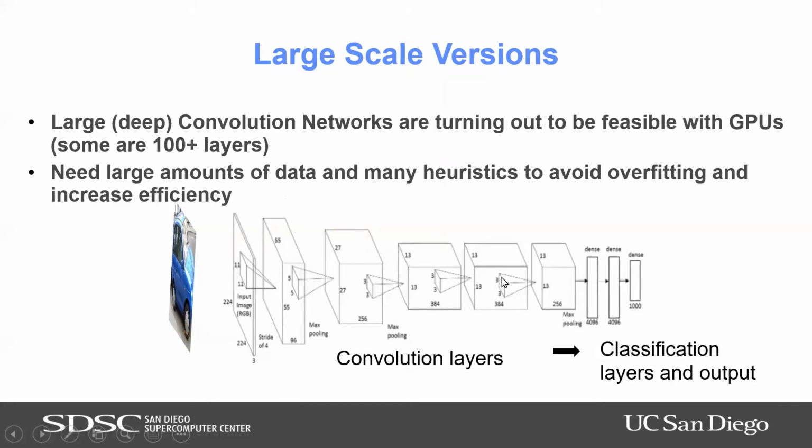For something like this, it became feasible when you had GPUs, and people now collect a lot of data. So these kinds of large networks are becoming more commonplace for sure. In this example, it started out with something like 96 filters in the first convolution layer, and then 256 in the next one, 384, 384, 256.